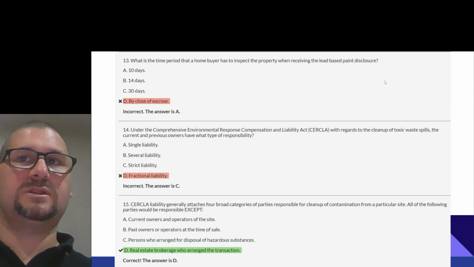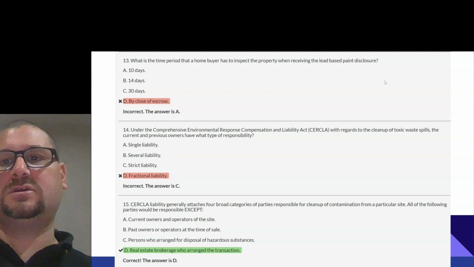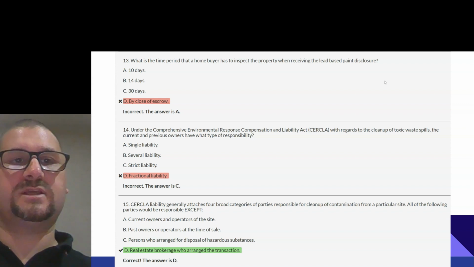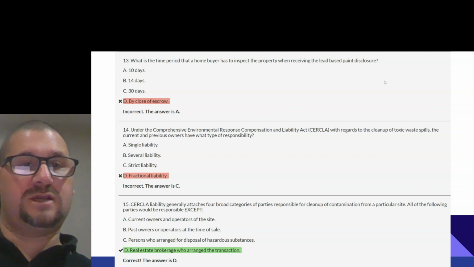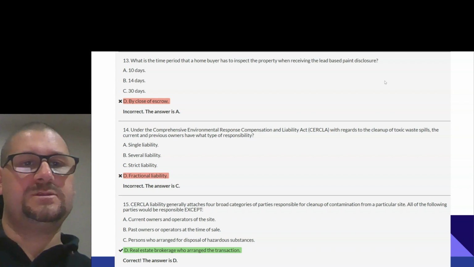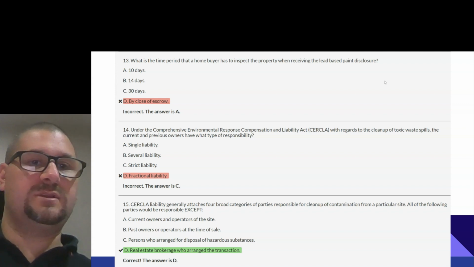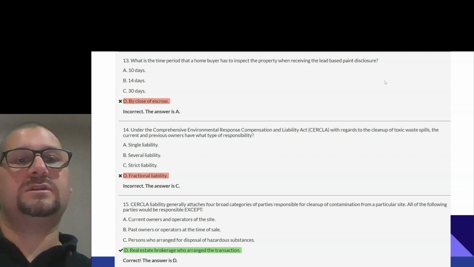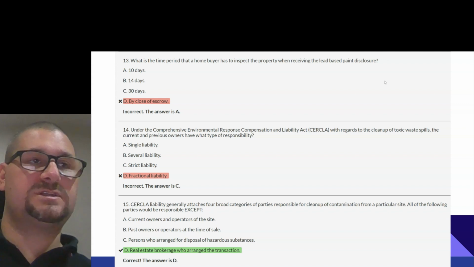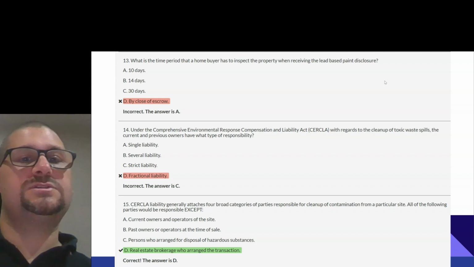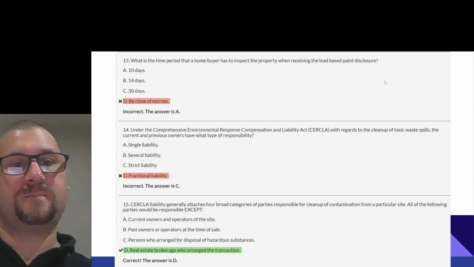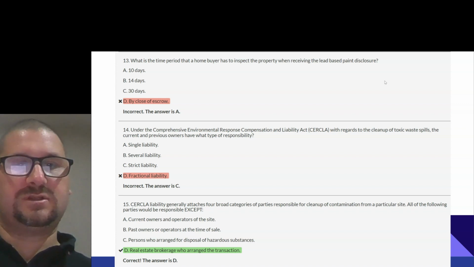Strict liability. So do they have single liability? No. Several liability? No. Fractional liability? No. Strict liability.